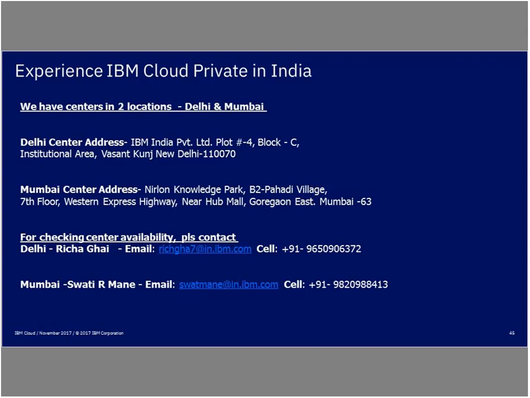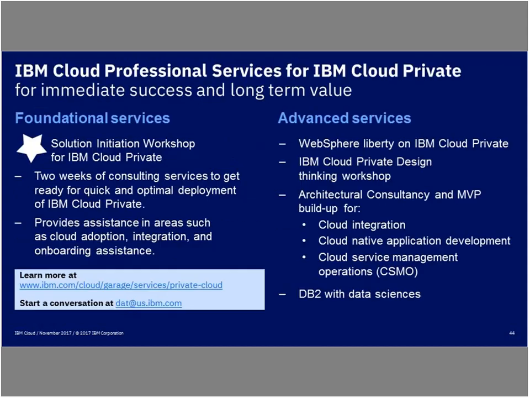I don't know if you guys can still see my screen, but we had a foundational services offering, which was really 2 weeks to come in, do a quick deployment of IBM Cloud Private, and then assess some workload that you could put into it.